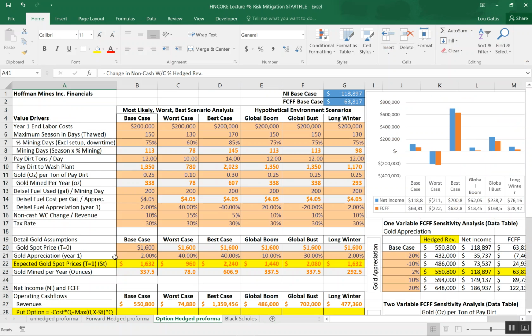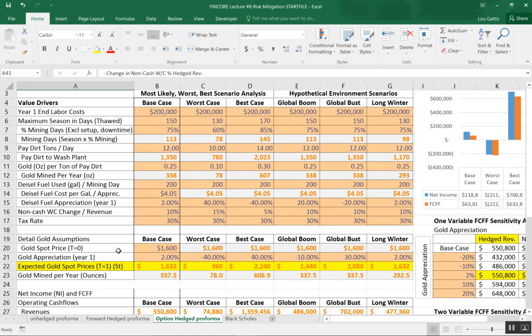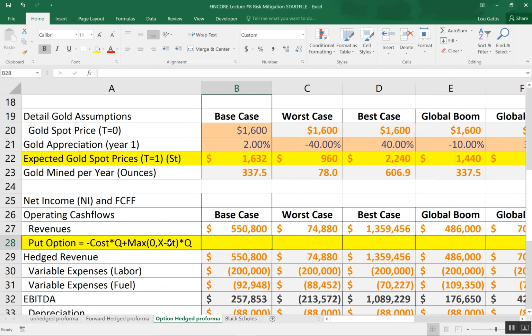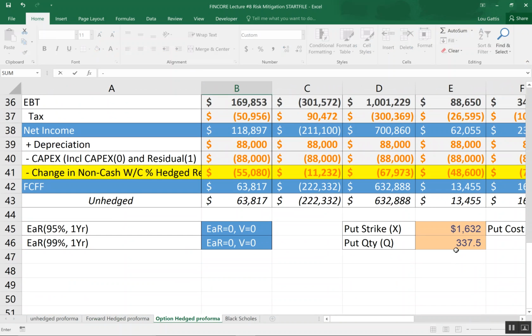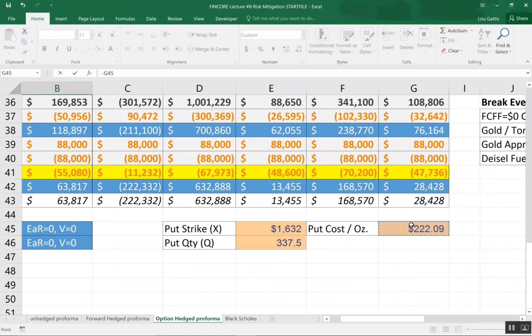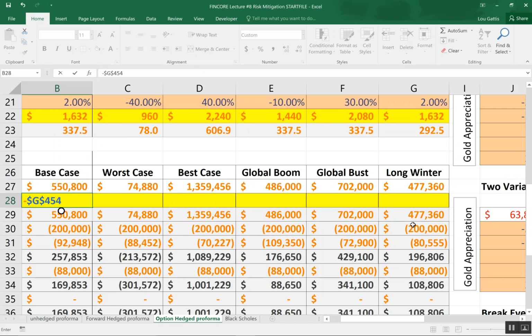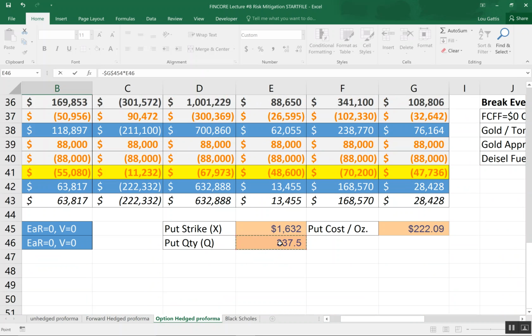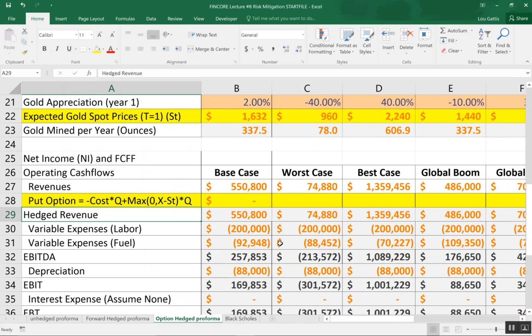So I'll go to my put option model, which is just the base case. And then under this formula, I'm going to first pay for the option. That option cost $222 per ounce. Anchor that, times 337 ounces.